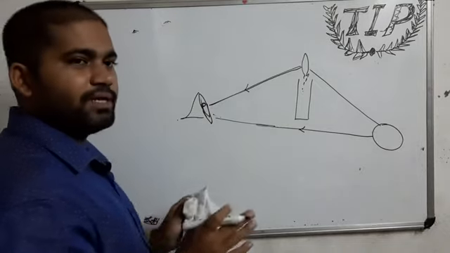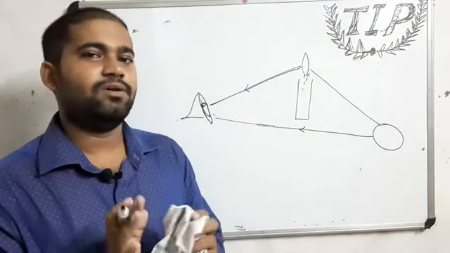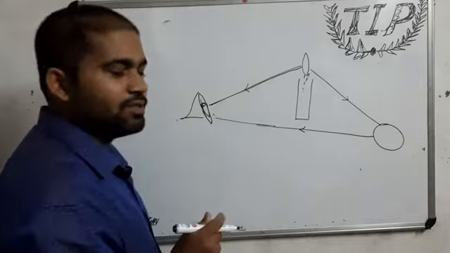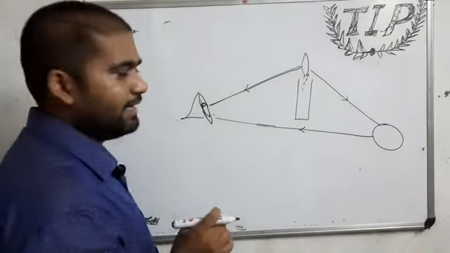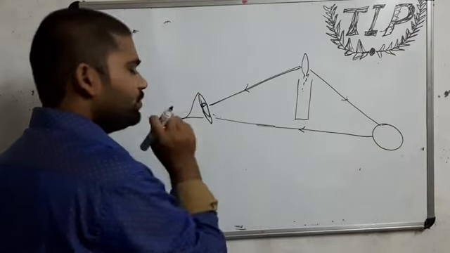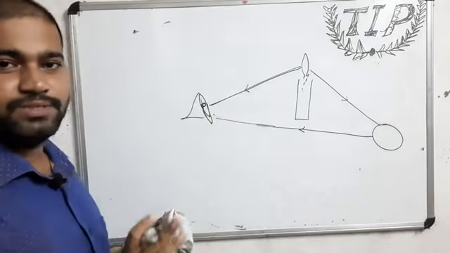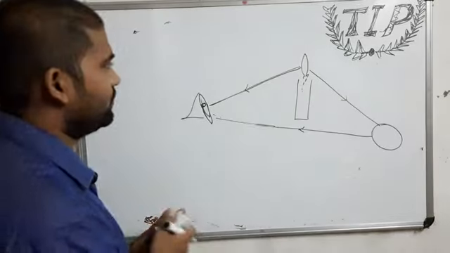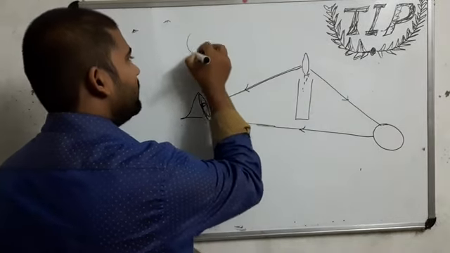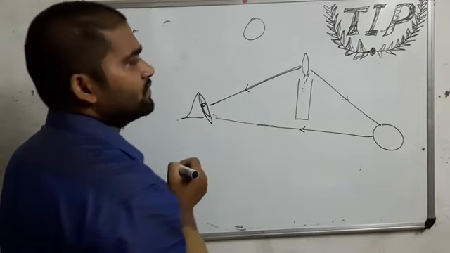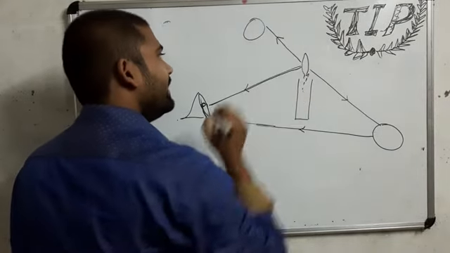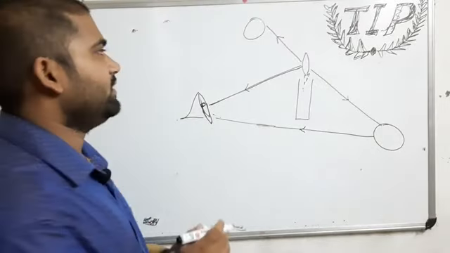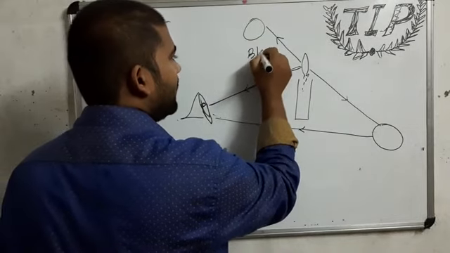These are the two different ways in which we can see objects. But there are some objects from which light never reflects. Suppose light falls on such an object but never reflects to the eye. In such a case, it appears black in color.